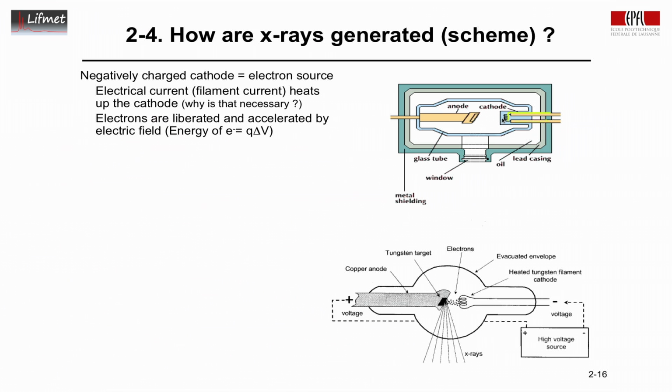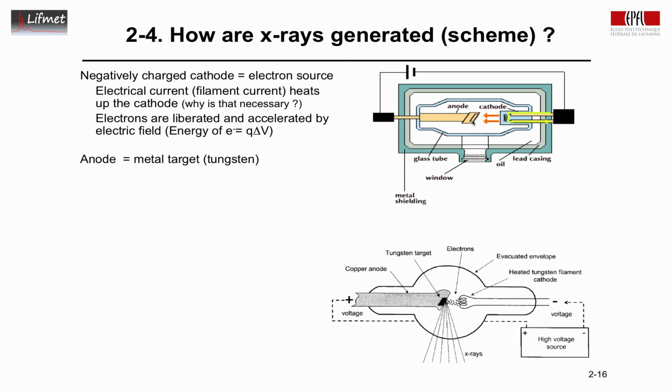The electrons are accelerated by the electric field. The energy of the electron is equal to its charge times the voltage difference between cathode and anode. So that gives us the electron volts. Here is the charge. This is a fairly high charge, negative here, positive here. So the electrons are being emitted from the cathode and attracted towards the anode.